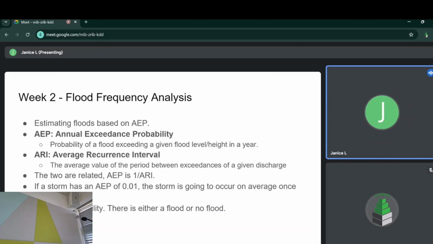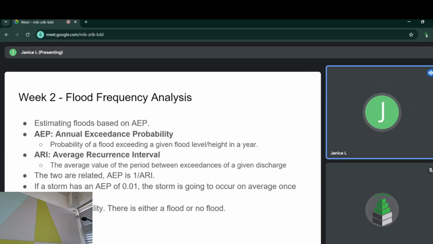Well then, if I said the AEP of that flood is 0.01, then you can understand that there is a 1% probability each year that there will be a flood to exceed that certain height.